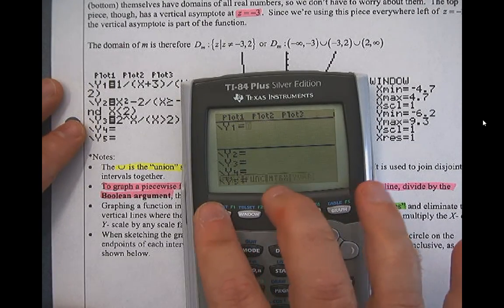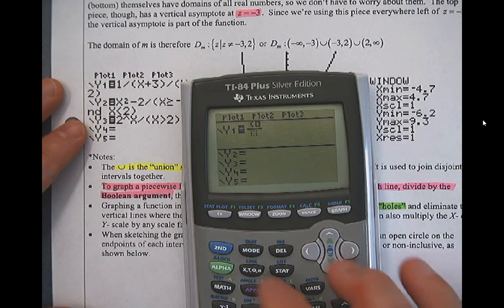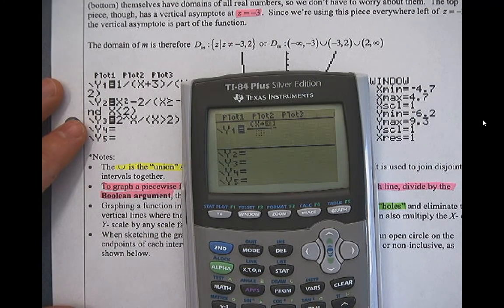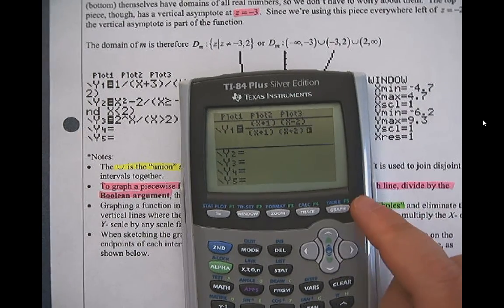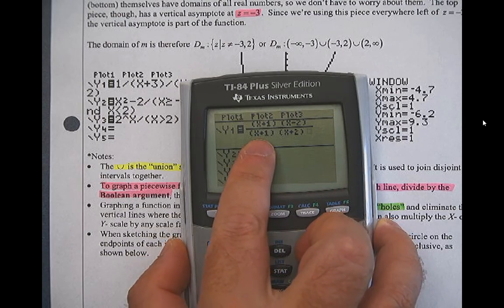I'll pick my first function to be the numerator x plus 1, x minus 2, and in the denominator, x plus 1, x plus 2. Is this going to have a hole? Hopefully your math voice is yelling yes, because x plus 1 and x plus 1 will cancel out. So we should have a hole at -1.